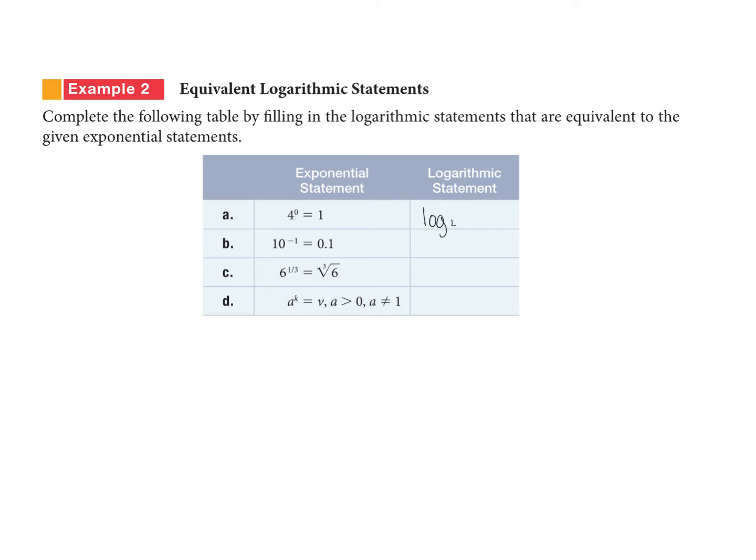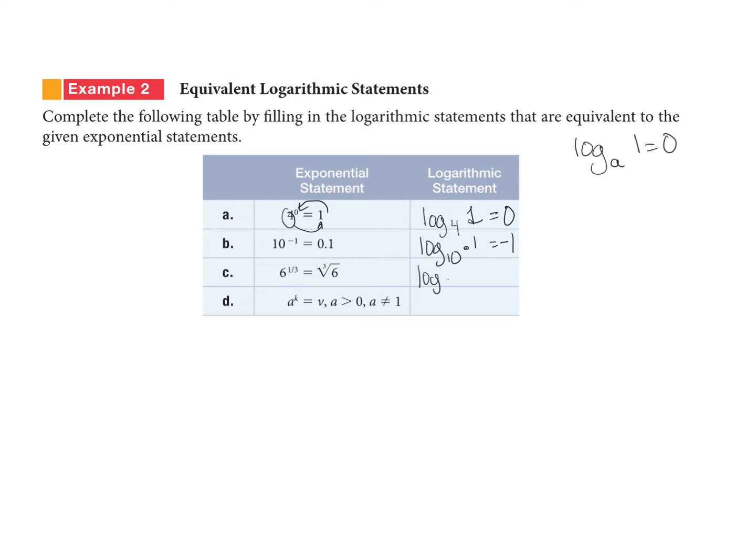Log base 4 of 1 equals 0. Interesting enough, log base anything of 1 equals 0, because if you raise anything to the 0 power, you get 1. Log base 10 of 0.1, which is also known as 1/10, is negative 1.